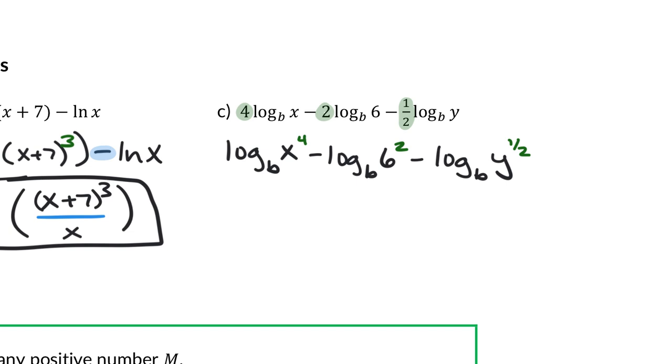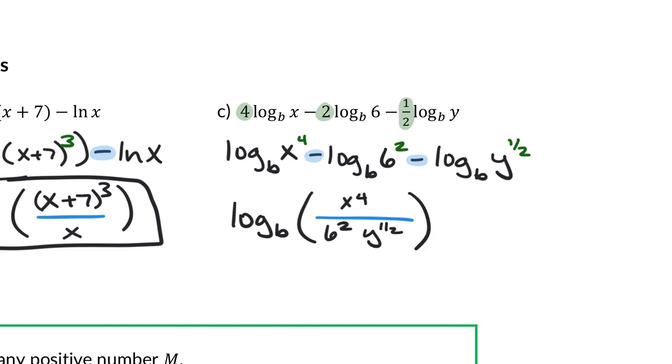A rule here is that if you're subtracting, it means division, but if you're subtracting twice, that just means there's 2 things in the denominator, not a denominator in your denominator. So meaning I would have log base b of x to the 4th power divided by 6 squared y to the 1/2. Both of those 2 logarithms are negative, so they both go in the denominator of your argument.